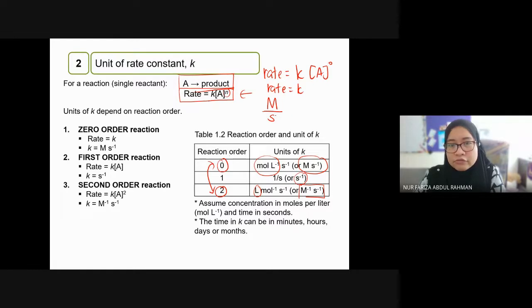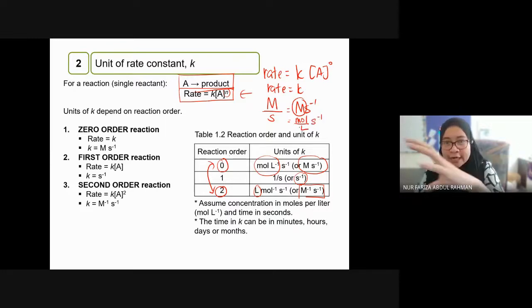If we bring this up, then it will be M s^-1. If we expand this one, molar is equal to mole over liter, remember? Over liter s^-1. If we make it sebaris, then it will be mol L^-1 s^-1. So you dapatlah unit dia.